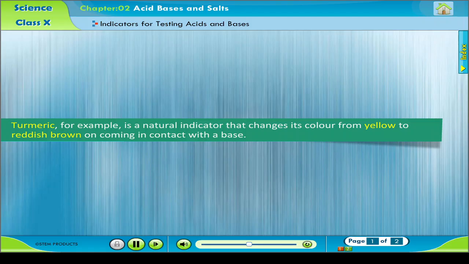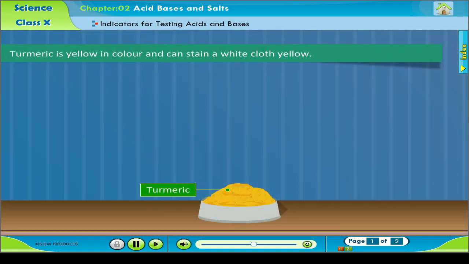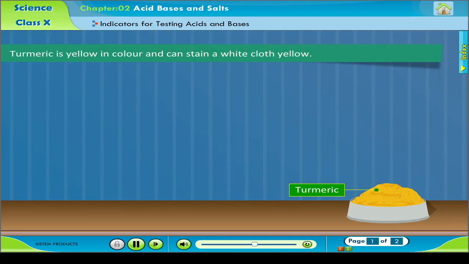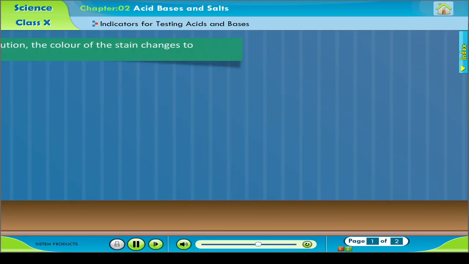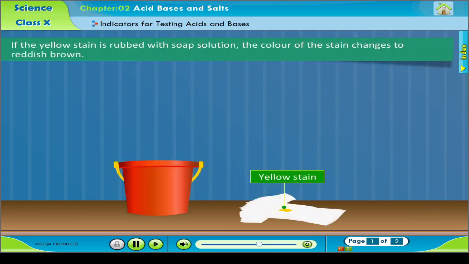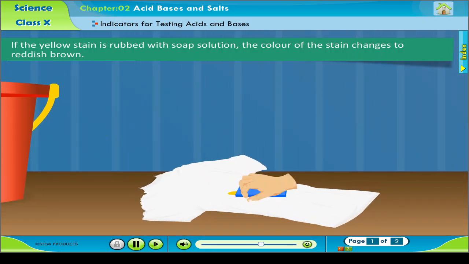Turmeric, for example, is a natural indicator that changes its color from yellow to reddish brown on coming in contact with a base. Turmeric is yellow in color and can stain a white cloth yellow. If the yellow stain is rubbed with soap solution, the color of the stain changes to reddish brown.